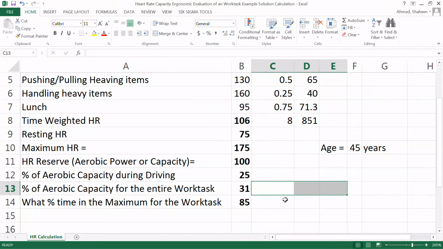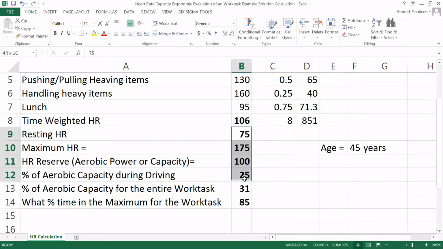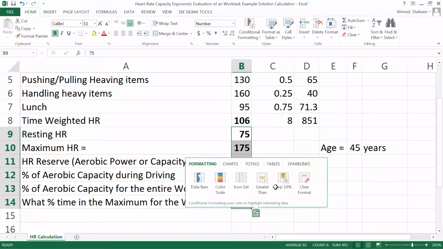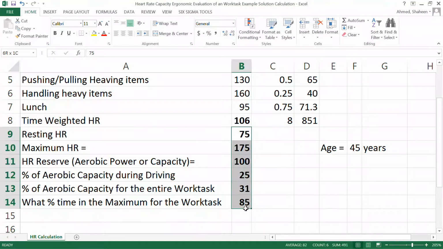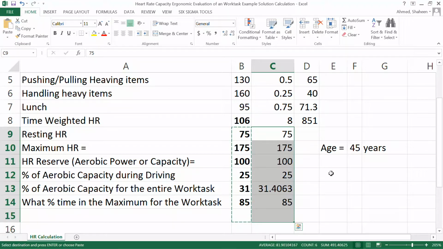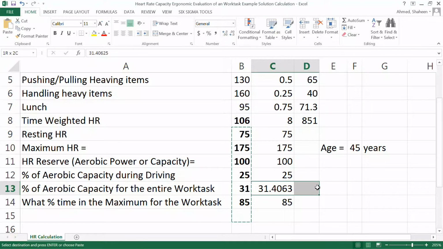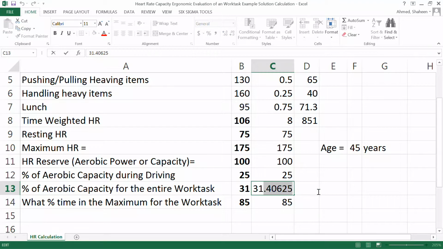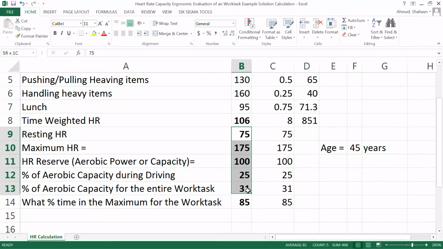Now to compare with the 25 years old, I will just copy this right here, Control C, and paste it as just values. This thing is just 31, like that. And then I'll change this to 25, so this number will be recalculated based on 25 years old, and this is for 45 years.